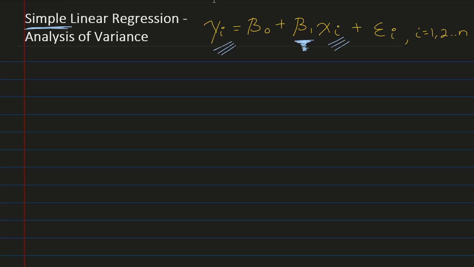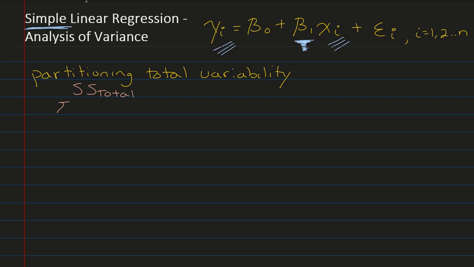In this discussion, it follows directly from our discussion on partitioning total variability. In that conversation, we talked about the sum of squares total, which is the sum of each yi minus the mean of the y's squared.